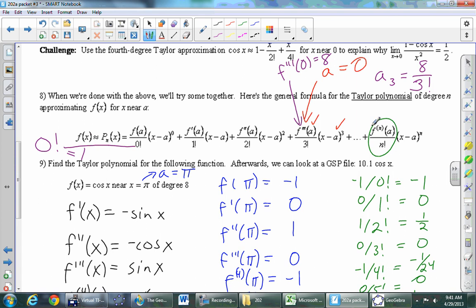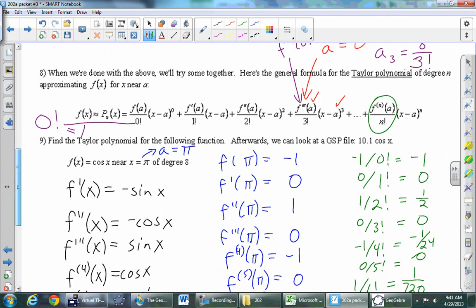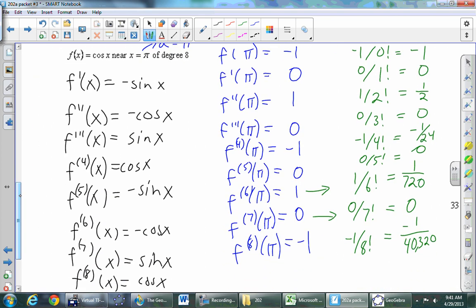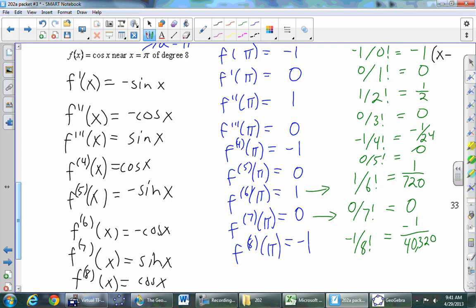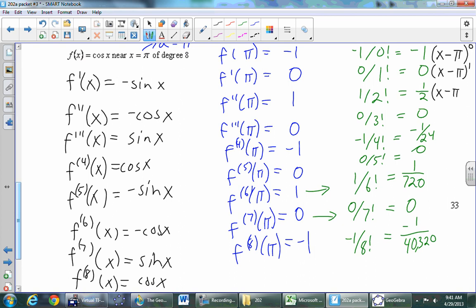But next to that is supposed to be x minus a to the power. So next to each of these, I'll put here in black, this is x minus, how much is a? It's pi, to the n. How much is n in that top row? It's actually 0. This one is x minus pi to the first, x minus pi to the second, and then keep going here.